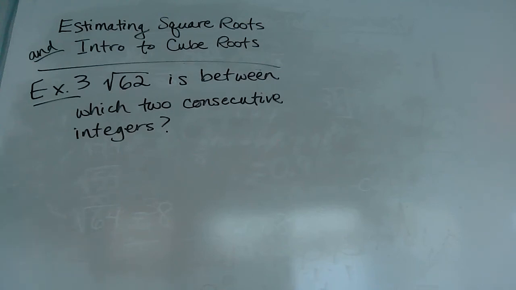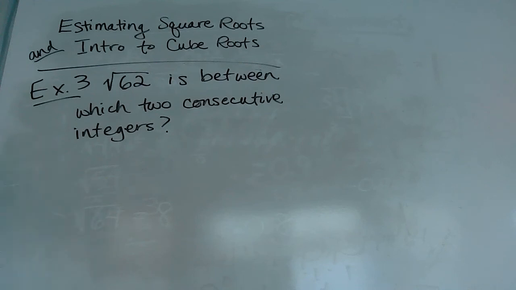Consecutive means one after another. So for example, 2 and 3 are consecutive numbers. They're consecutive integers. -6 and -5 are consecutive integers. So that's what we're looking for. We're looking for the consecutive integers that are around the square root of 62.